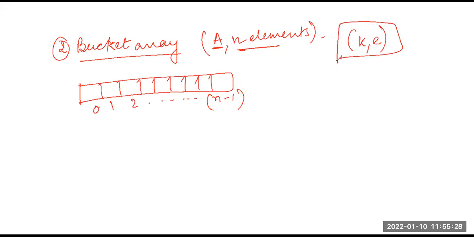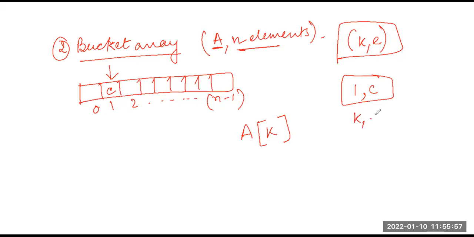Suppose I want to store the element C in the key 1. It means in this location, my element C will be stored. In whichever location I specify in my key, my element will be stored.